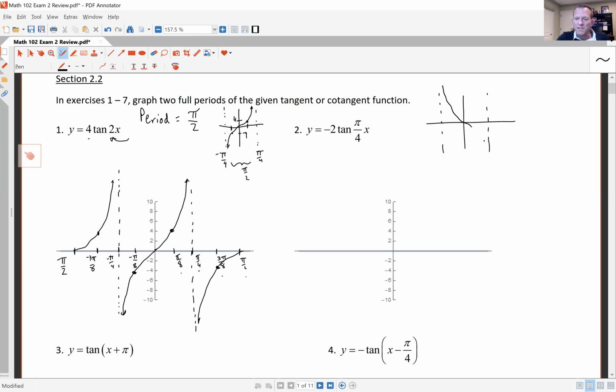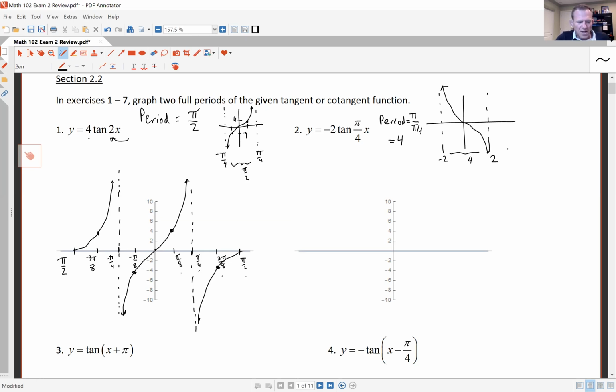They start positive and go negative. Here the period's been changed. The new period is pi divided by pi over 4, which now becomes 4. So a full period of this is 4, which means it's going to go from negative 2 to 2.